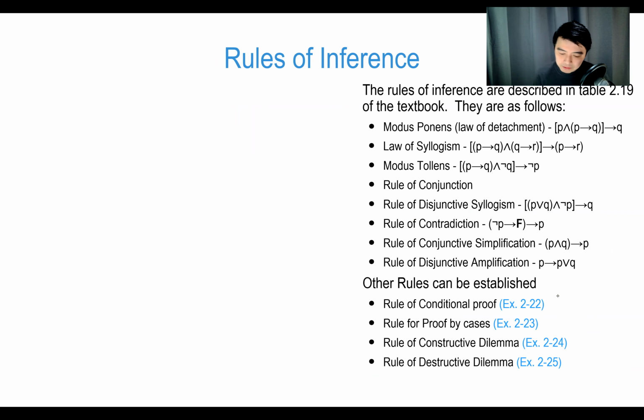All right, so the rules of inference are found in your textbook, so I will refer you to the textbook to read a little bit more about this. But I'm going to introduce you to a few of the rules, and we're going to use them throughout the class today in logical inference.